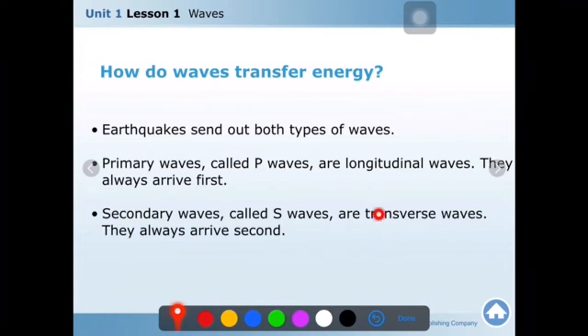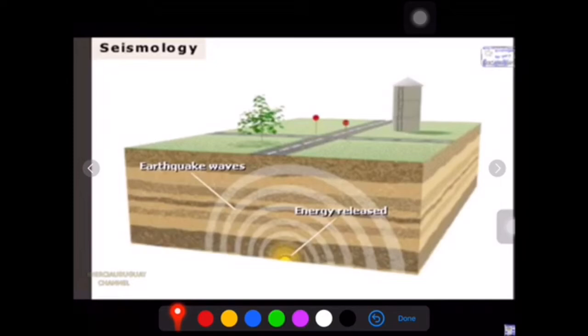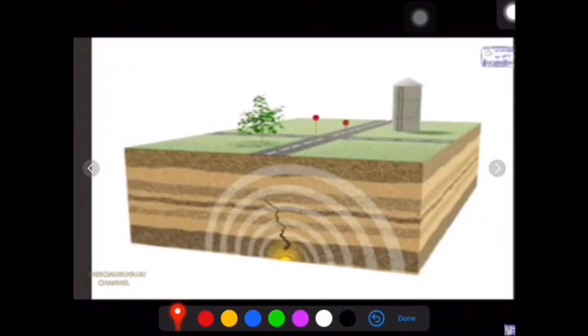In an earthquake, we are able to see both. In this video, I can explain better. For example, the earthquake originates from this point, okay? Then the waves gradually spread around.